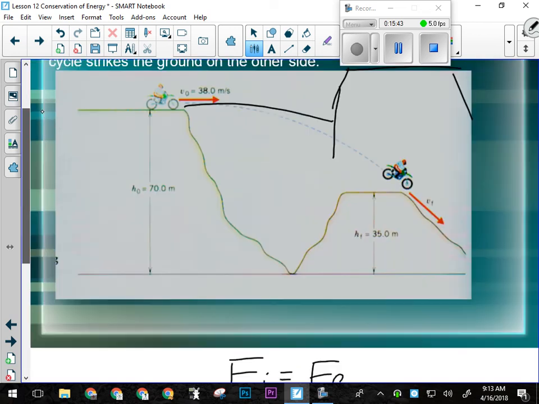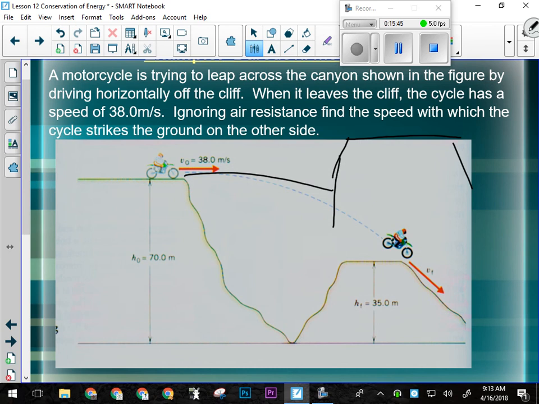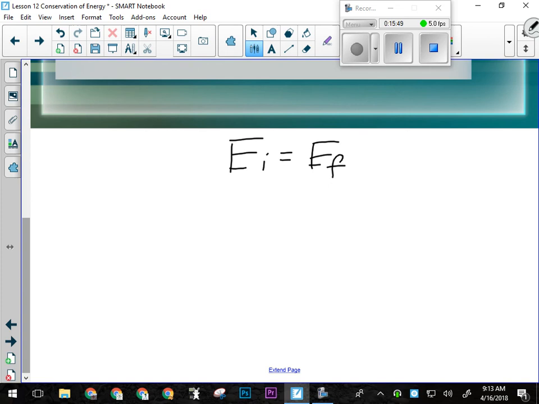Since he is 70 meters off the ground and moving at 38 meters per second, he has both potential and kinetic initially. At the end, he's still 35 meters above the bottom of the canyon, so he still has potential energy, and he's obviously moving even faster than at the beginning, so he has kinetic energy at the end as well.